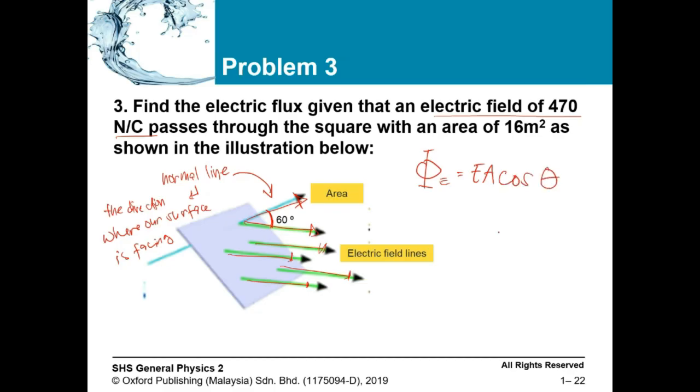Remember, the theta here is the angle between the normal line and the electric field line. Again, theta is the angle between the normal line and the electric field line.